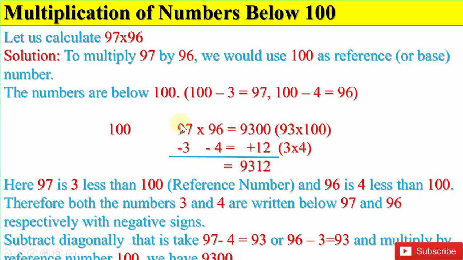Subtract diagonally. This is 97 minus 4 gives 93, or 96 minus 3 gives 93, and multiply by reference number 100, which gives 9300.